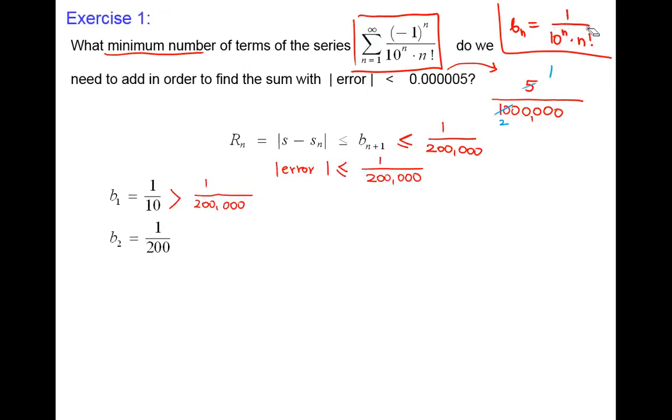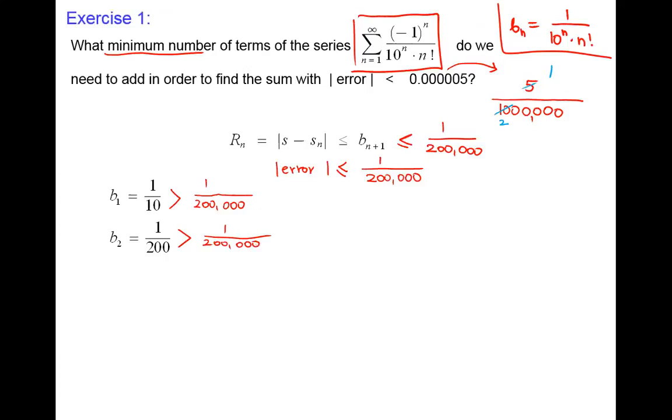b sub 2 will be 1 over 200, because 10 to the power of 2 is 100, and 2 factorial is 2. 2 times 100 is 200, but this is still greater than 1 over 200,000.